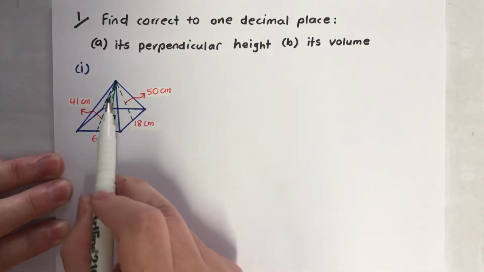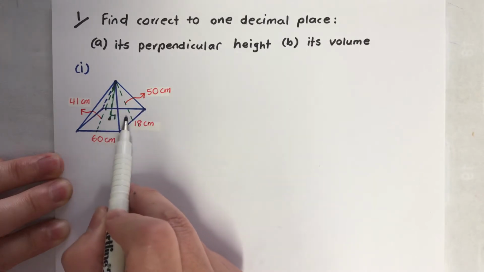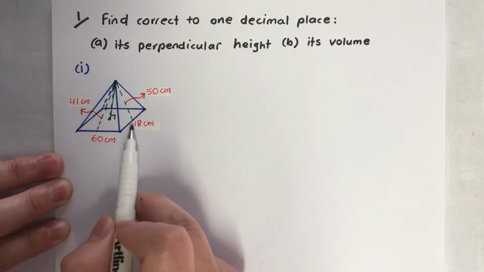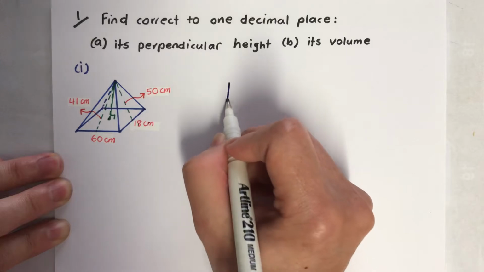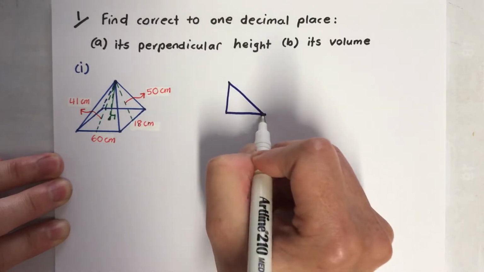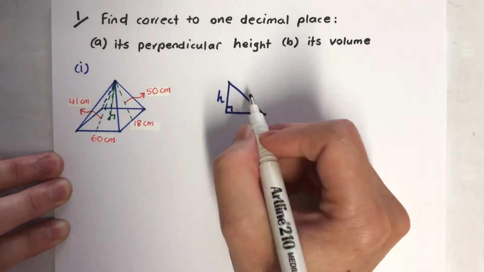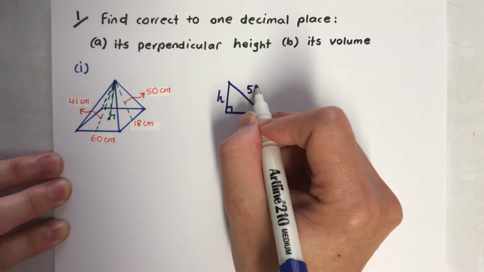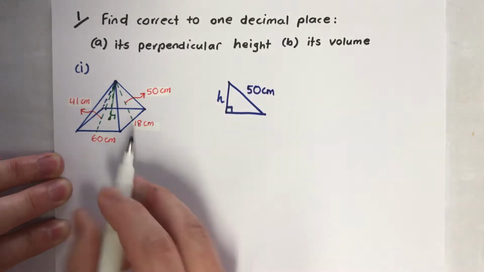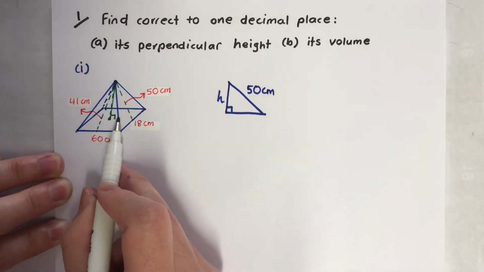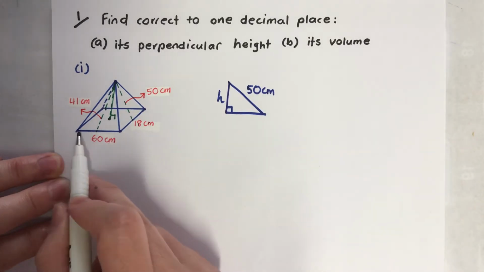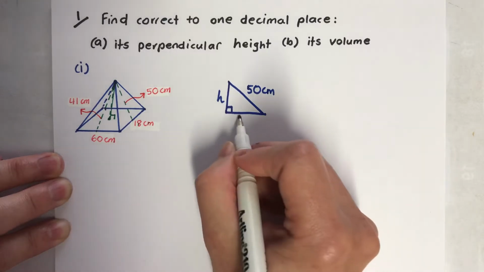So I'm going to take this right angle triangle here and draw this again here. So that's the height that I'm looking for, and I'm going to use a slant height of 50 here, and that's my base here. That's half of 60, so I'm going to get 30.